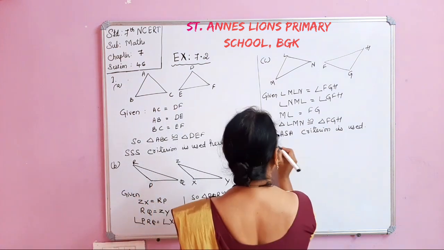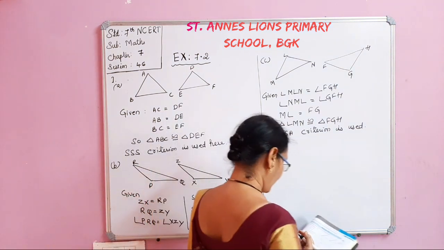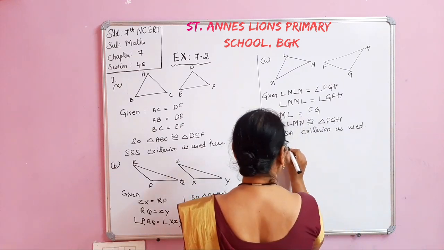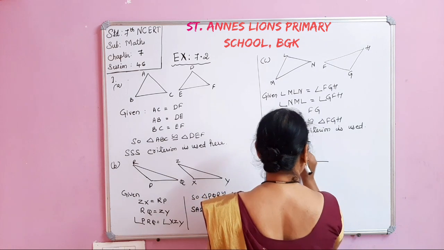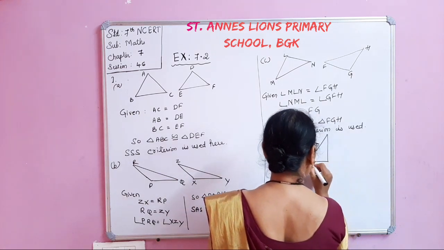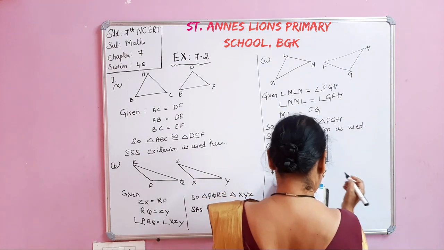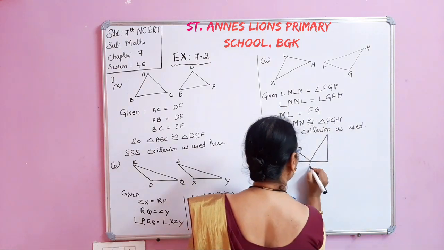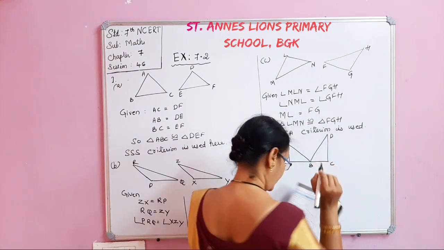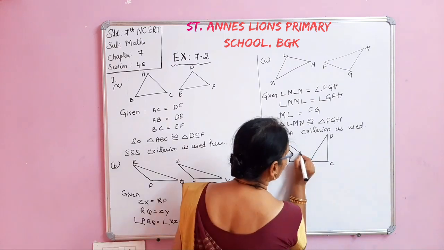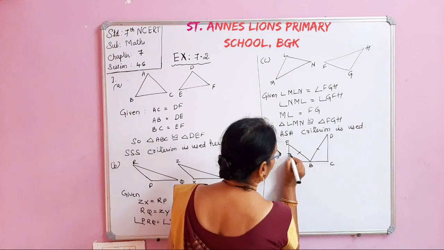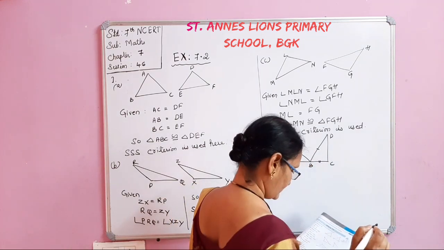Then the same way, the fourth one also has a diagram and conditions given. See, two right angle triangles are there. A, B, C, D, and this is E. Now this is equal to this, then this side is equal to this side.